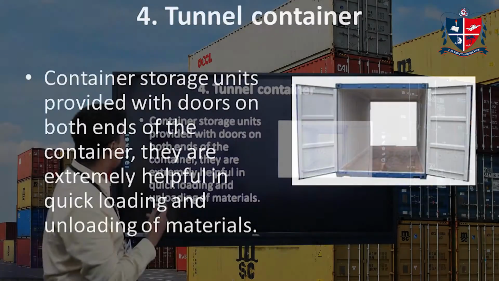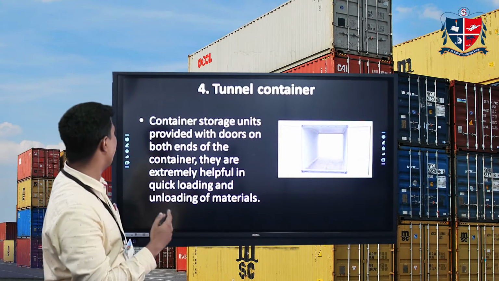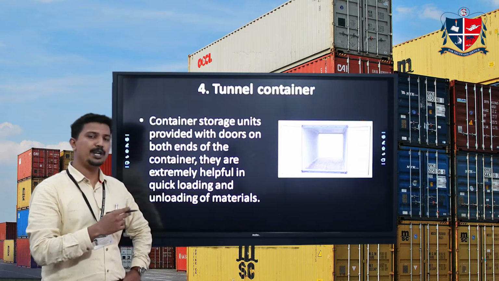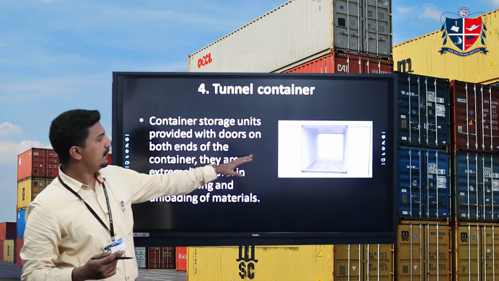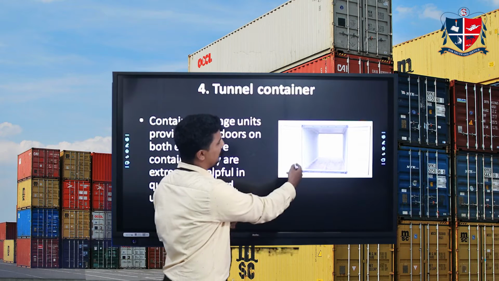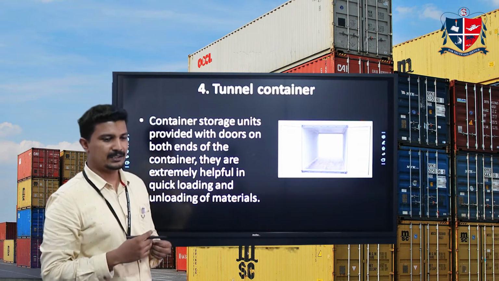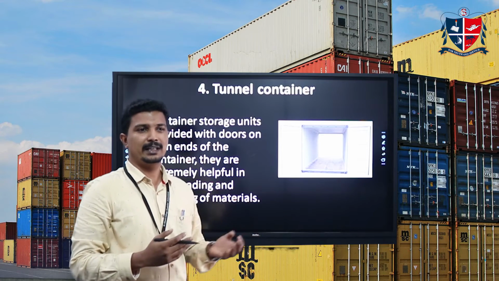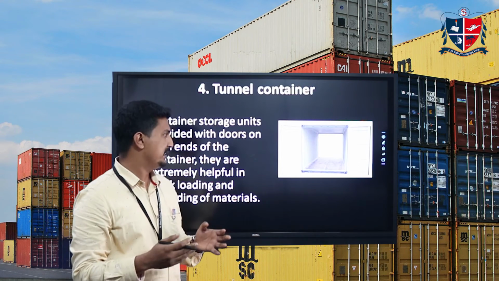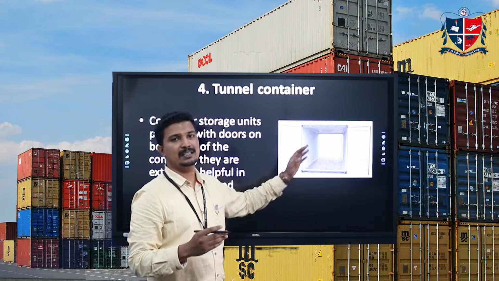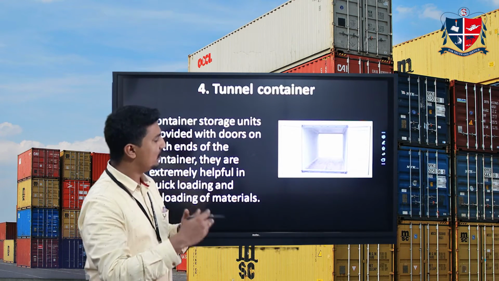Next is tunnel containers. Container storage units provided with doors on both ends of the container. They are extremely helpful in quick loading and unloading of materials. In this tunnel type of container, we have doors at both ends. So if you have to load packed cargoes like small packages, we have to load them by stacking each package on one another.